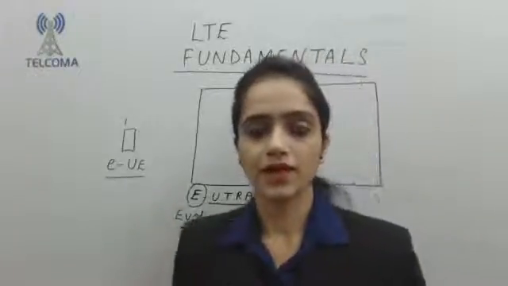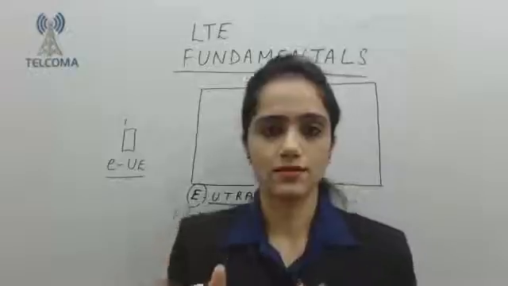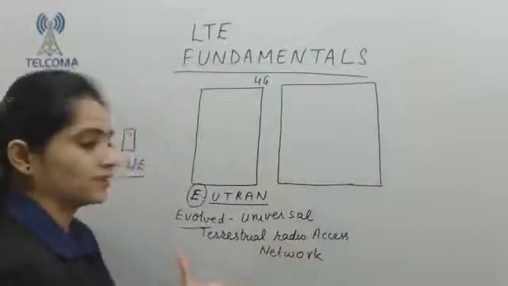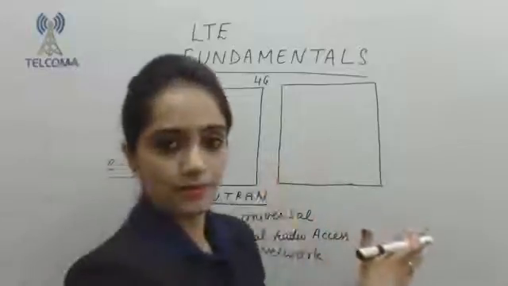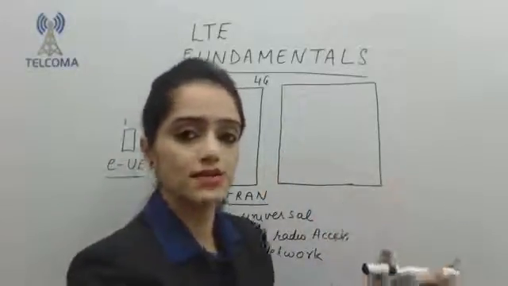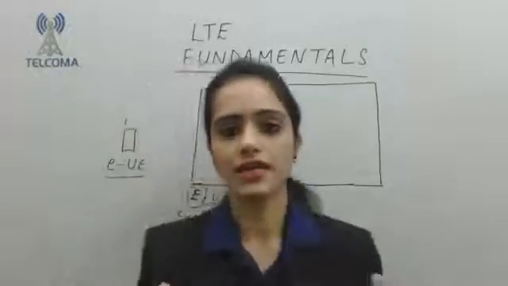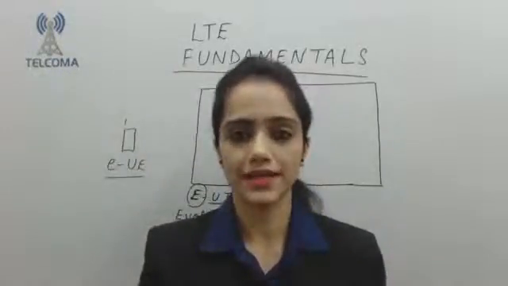Whenever we evolved from 2G to 3G cellular system, in 3G we changed the RAN part, but we did not change the core network, as 3G is again circuit switched and packet switched. But in 4G, our requirement is only packet switching, only data rate.